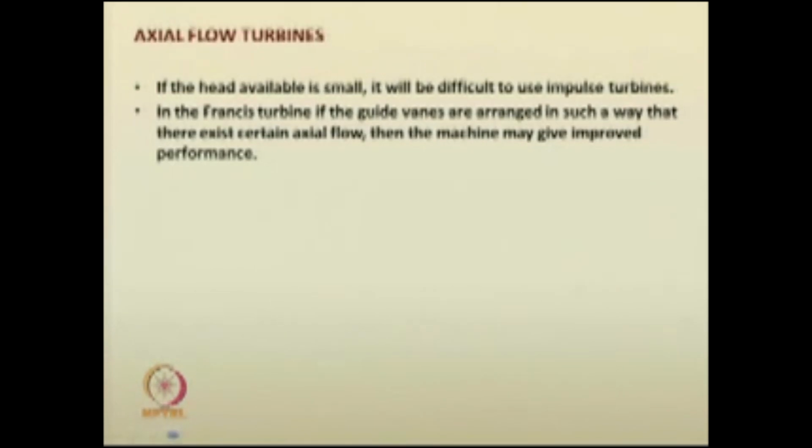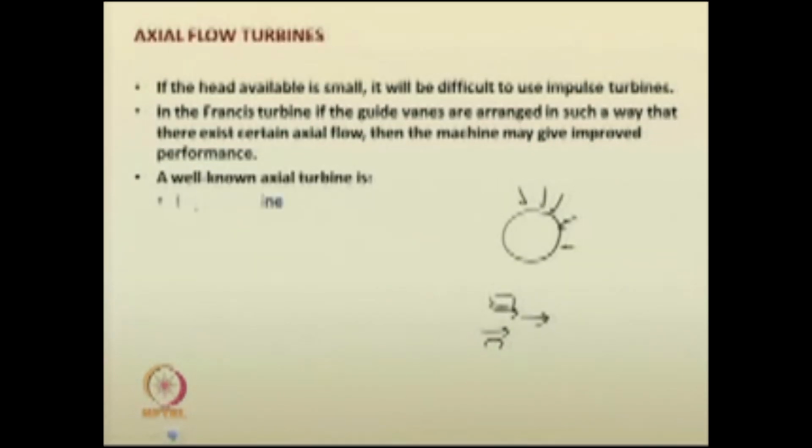So, as suggested here, rather than having radial flow inwards, if there is certain axial flow along the blades, like this axial flow, if it can be allowed, such machines usually give improved performance.